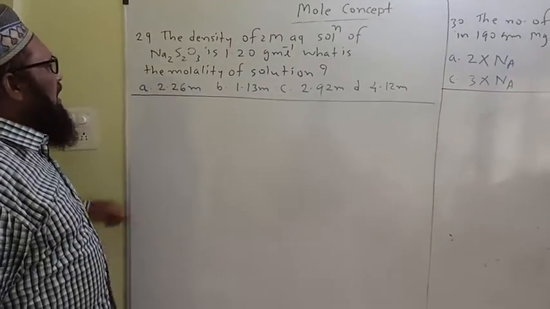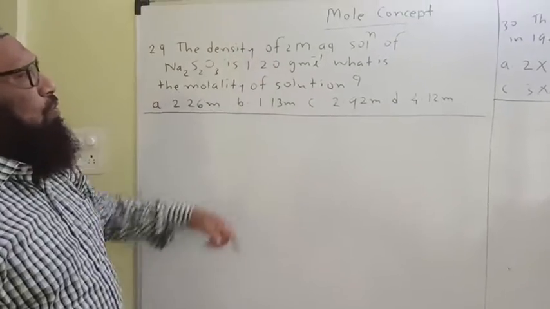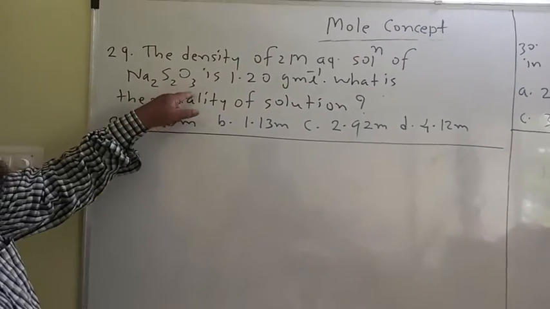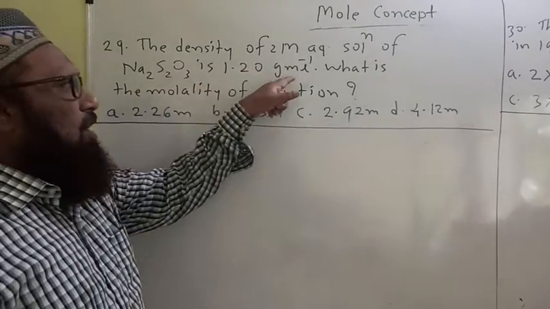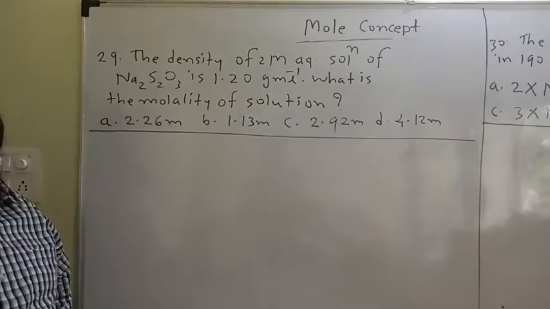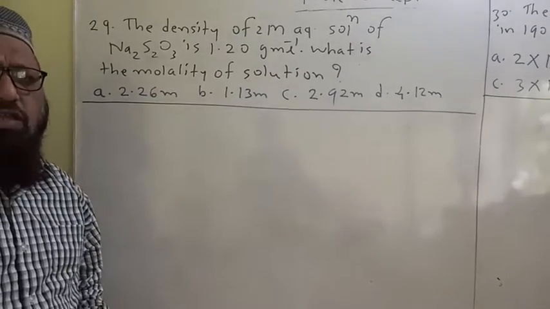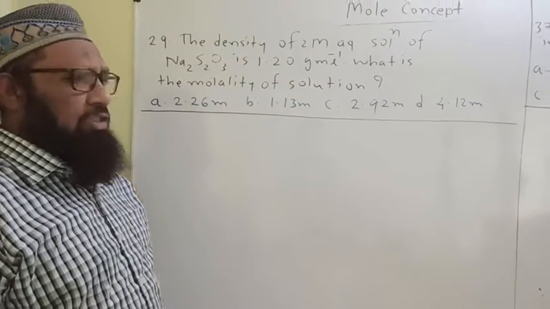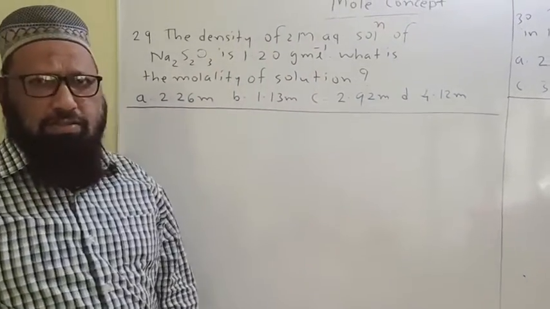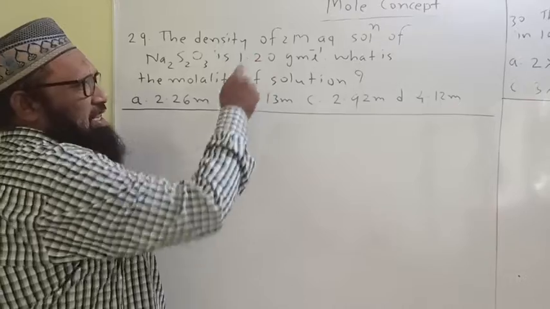Question number 29. The density of 2 molar aqueous solution of Na2S2O3 is 1.20 gram per ml. What is the molality of the solution? In this, dear students, molarity we have to convert into molality. Let us see here. Density is given.